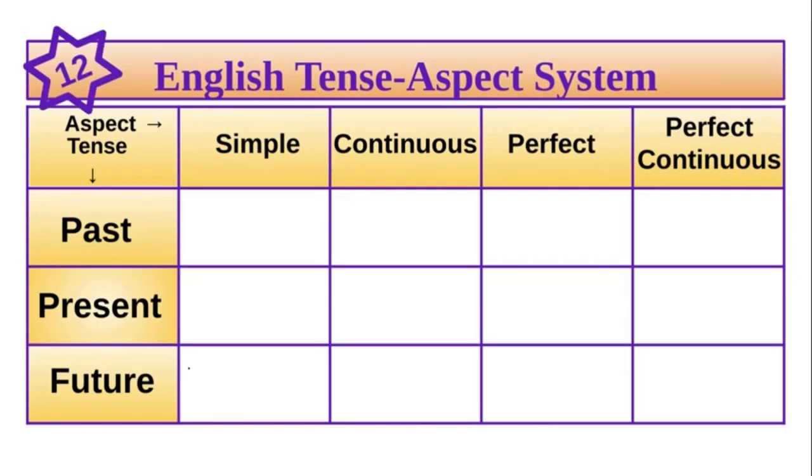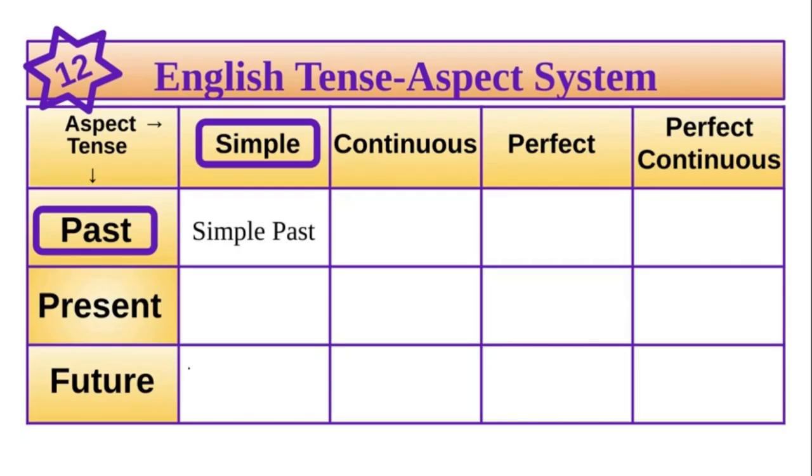The simple aspect, okay, in this column, the simple aspect combinations are read by stating the aspect first. This is the aspect, okay, simple aspect. When you read these combinations, you're going to read the aspect first, followed by the tense. Here's our first: simple past.